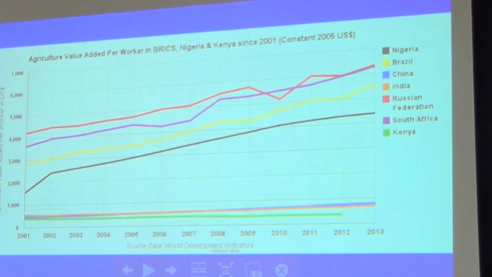Now compare this with the BRICS. For India and China, it's pretty much around there, but as you can see, it's rising compared to the Kenya one, which is stagnating. Compare with Brazil and South Africa and even Nigeria, you'll realize a certain worrying trend that for Kenya it's stagnating at well below what others are doing.